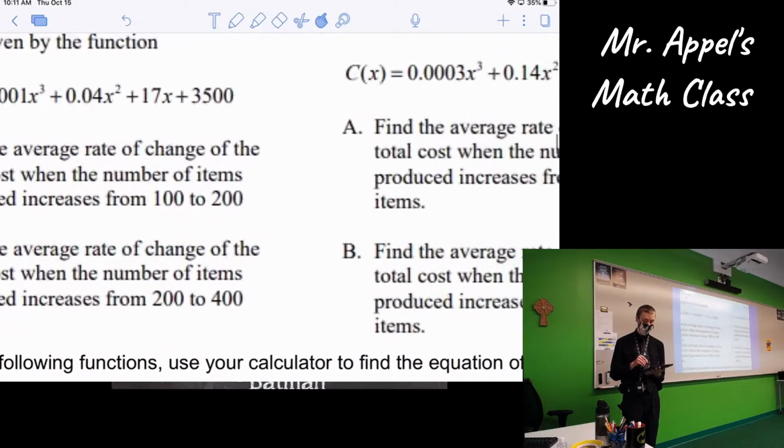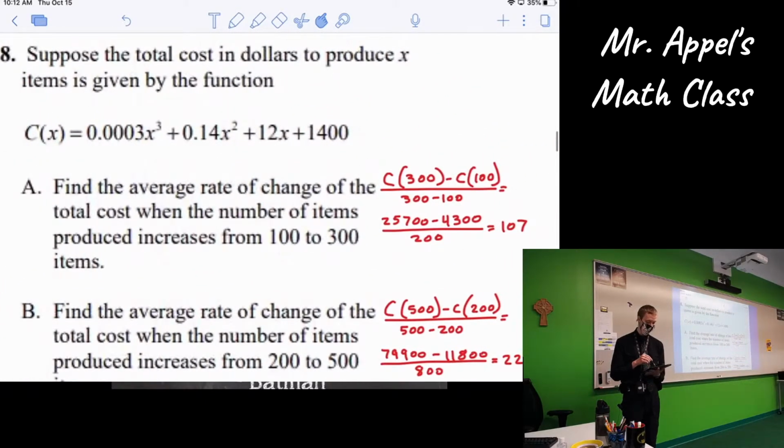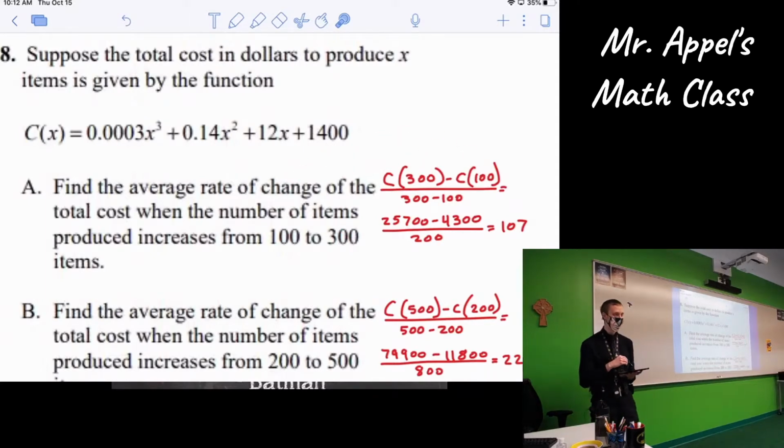All right, the next one, process is the same, new function. Still talking about cost to produce x items. We're increasing items from 100 to 300. So I'm going to take 300, plug it into my function. Take 100, plug it into my function.